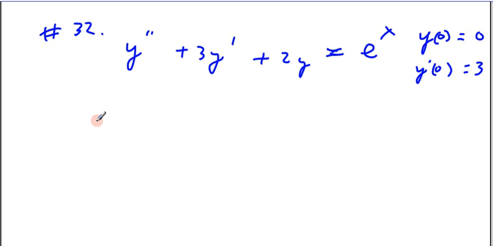So I get to do everything there's to do in this problem. 32. What does it say to do? Solve the initial value problem. Okay, so that's what we're going to do. We're going to solve it.